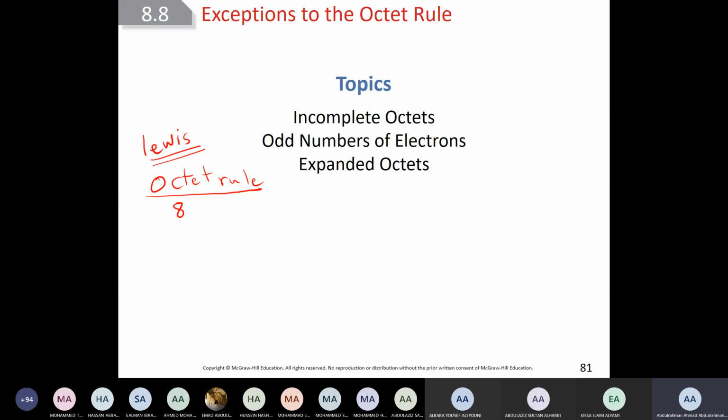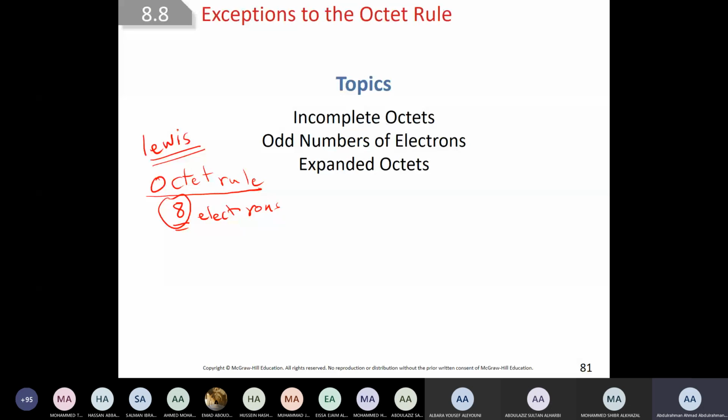You have to memorize this, very important. Every atom wants to have 8 electrons surrounding it. Exactly. The atoms would like to have 8 electrons around them. That's the meaning of the octet rule.